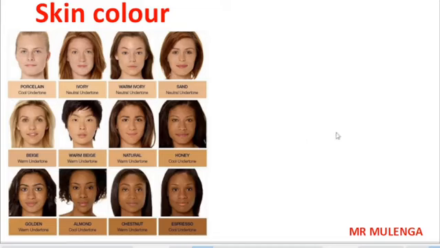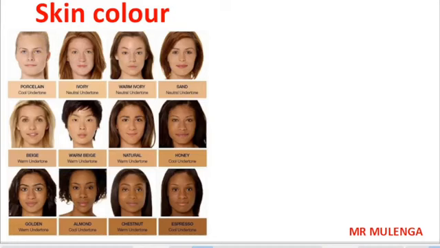We can see that you have people who have dark skin, others have light skin, others have skin that looks yellowish, and so on. This is dependent upon maybe the places where such people are living. Like when you look at people living in Africa, the sun is too strong, so it hits on their skin, which affects melanin.